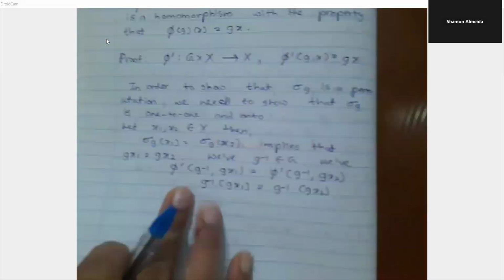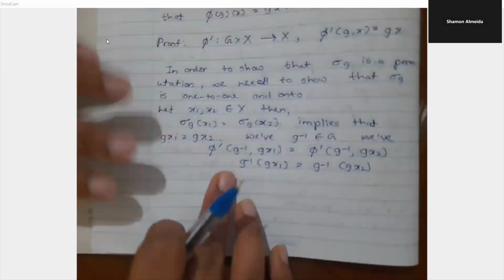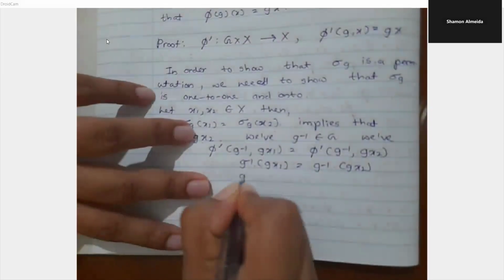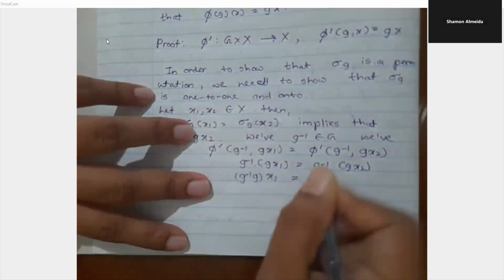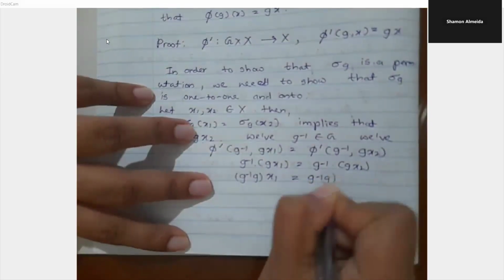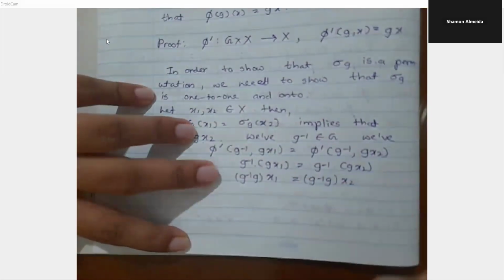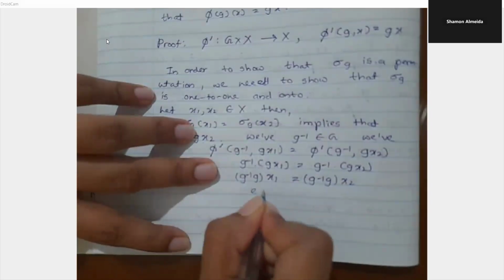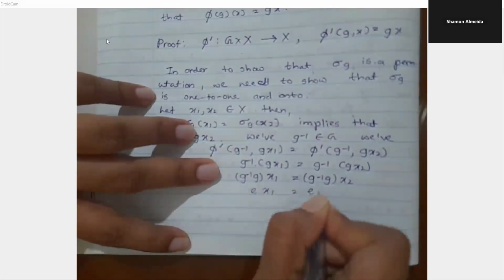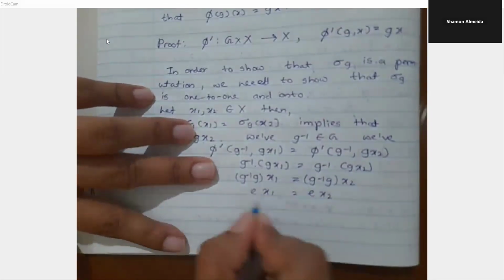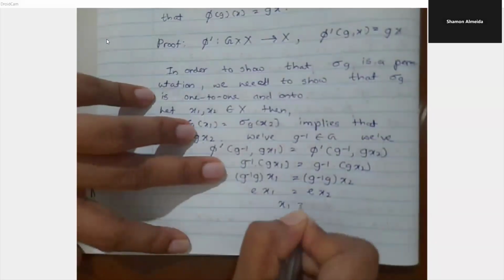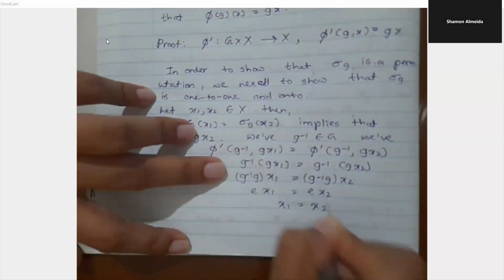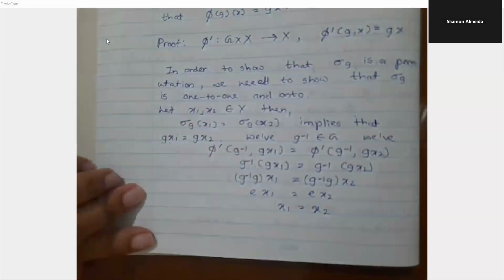That is exactly what we are going to do over here. So we write it as g inverse g x1, g inverse g x2. This is the identity. Identity times x1 equals identity times x2. The first property tells you identity times any element gives you that element. This also reduces to this, right?